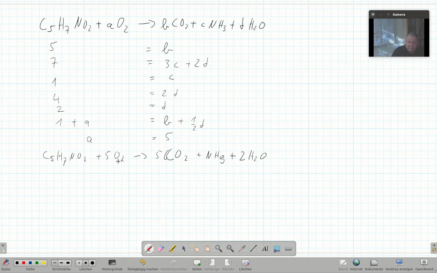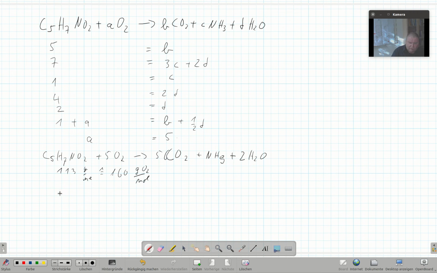So this is complying. One mole is 113 grams per mole, and this was 5 times 32, which is 160 grams O2 per mole biomass.